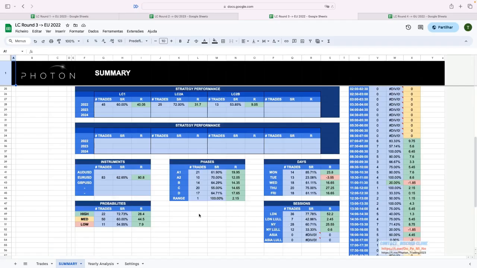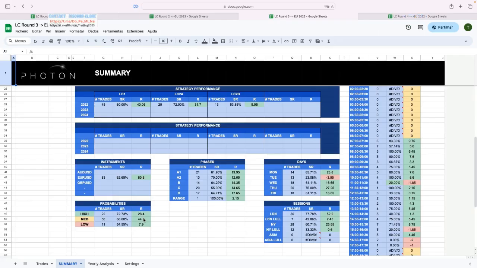So yeah, I'm also very happy to take medium and high probability trades. This is where the majority of the percentage came from, and this is also good to know because it helped me reinforce the idea that I don't need to be perfect. I know I don't need to take only the A+ setups.